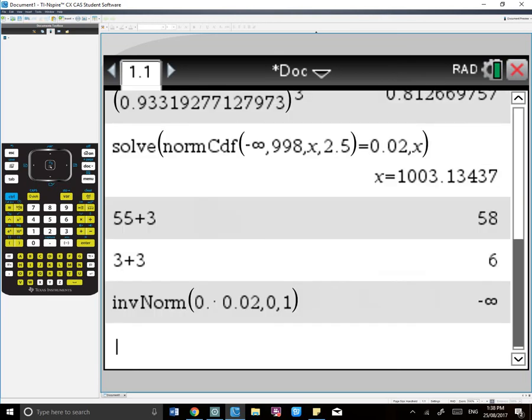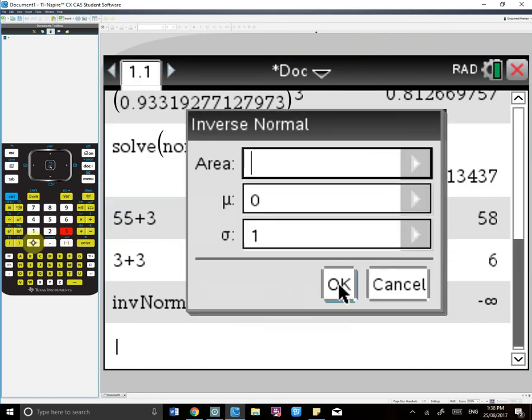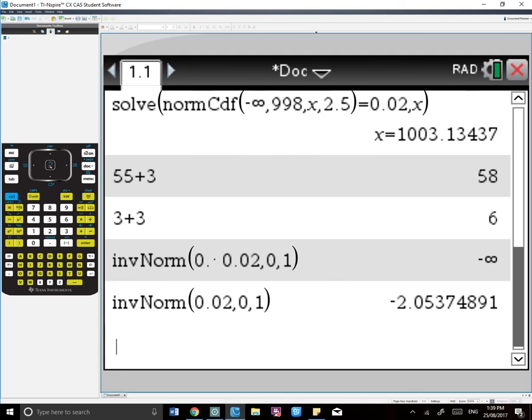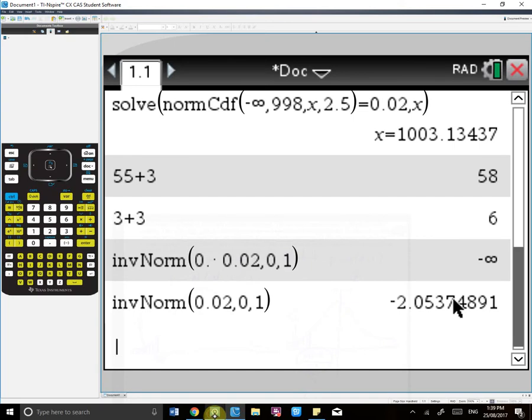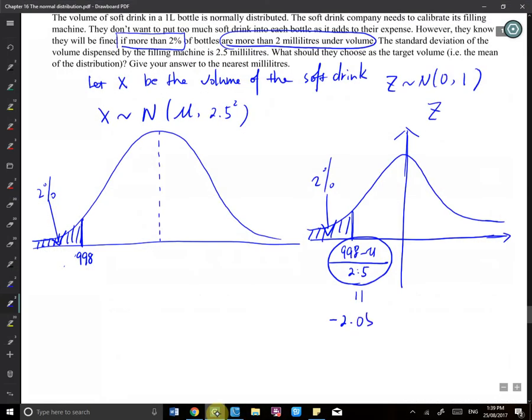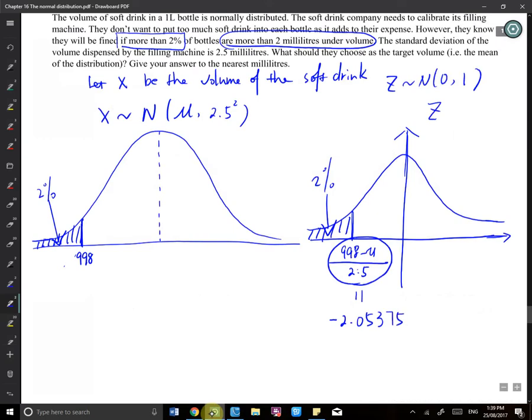So on the standard normal, menu 553, area 0.02, the value is minus 2.0537. This value is equivalent to minus 2.05375, let's say.